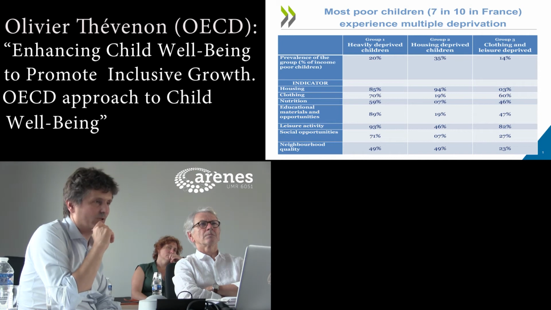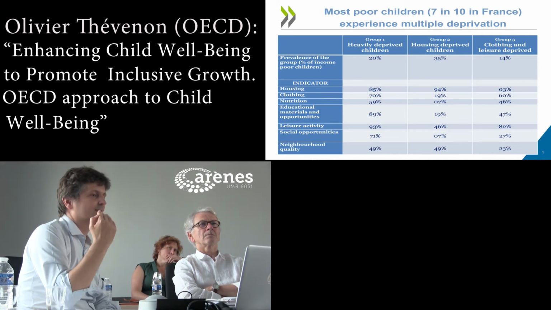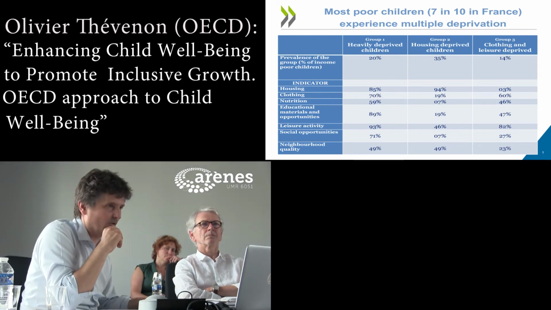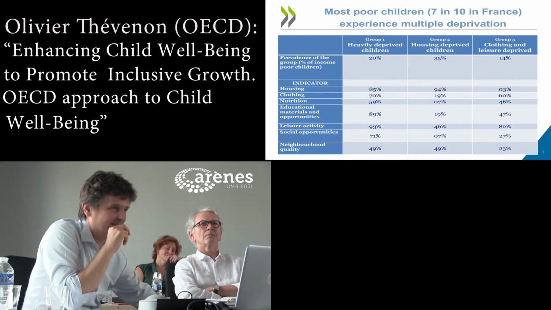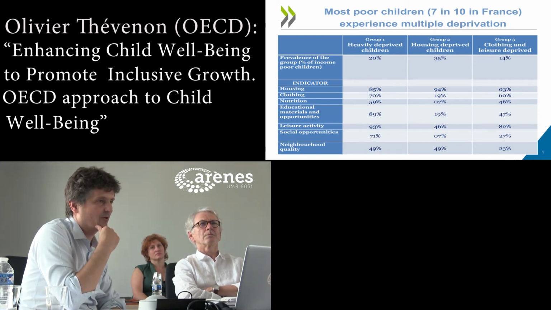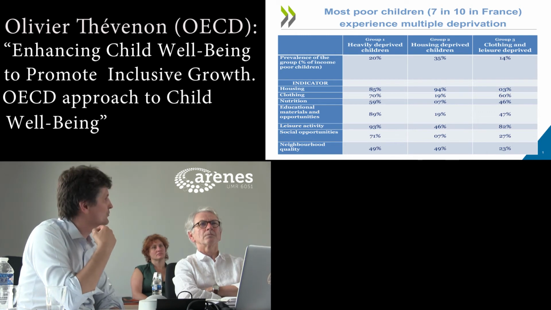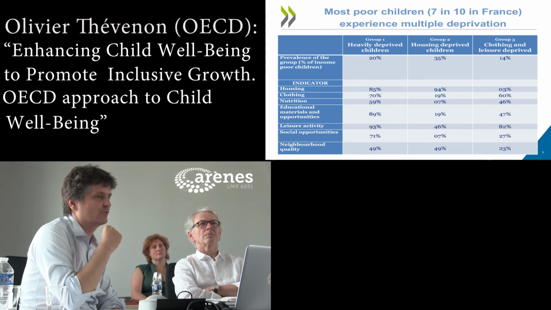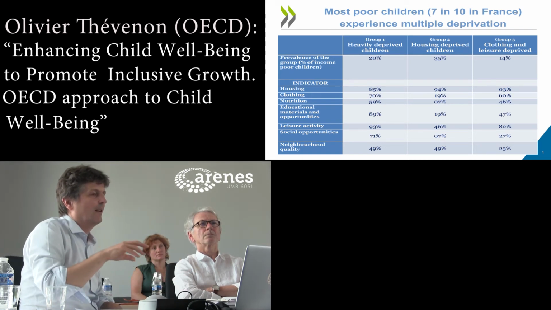And you have also a group of children that seems to experience only, it's not a moral difference, it's not a judgment, but to experience deprivations in capacities to replace worn clothes, or to have access to leisure activities.